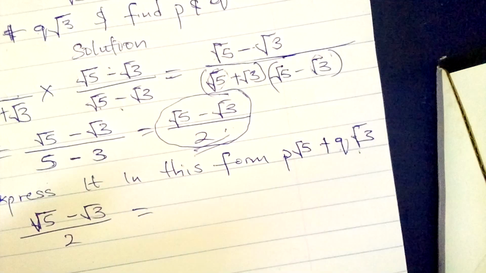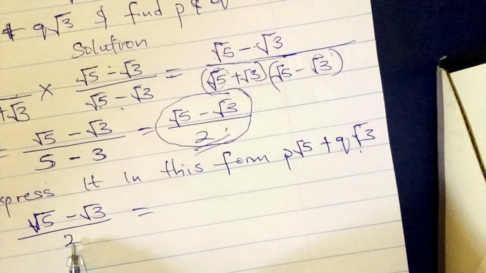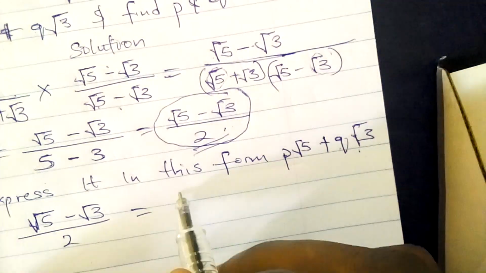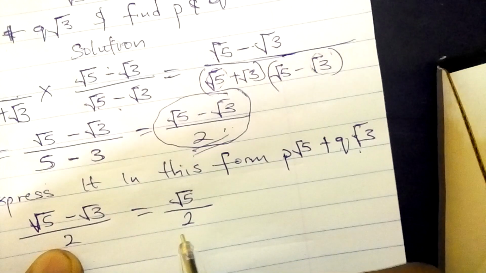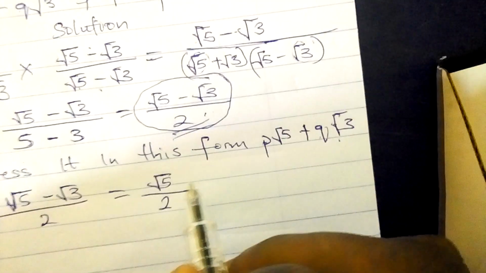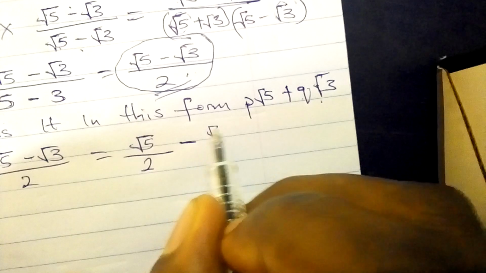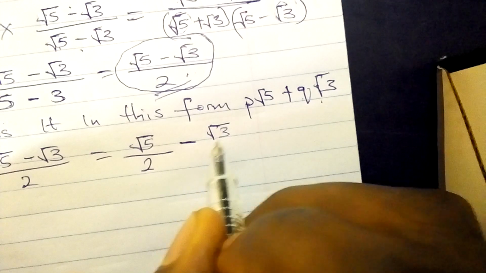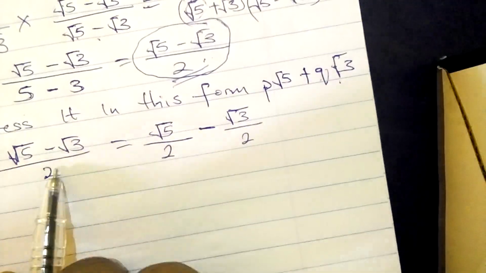Because 2 is the denominator, we can now split it into separate fractions. So we now have root 5 all over 2, minus root 3 also all over 2. If you find the LCM now, you still get back to this thing here.